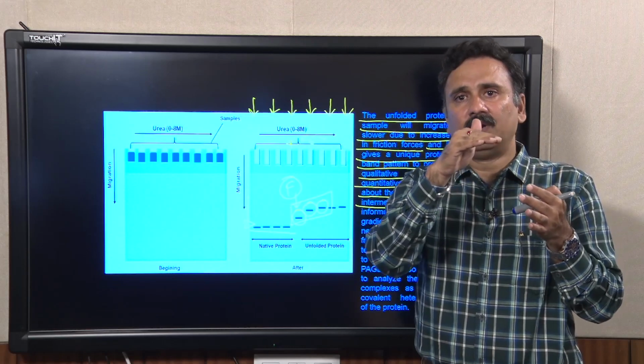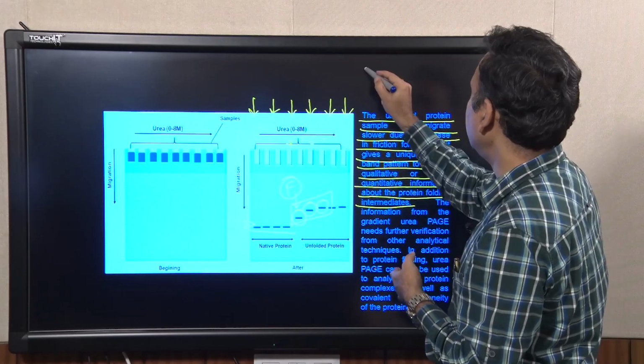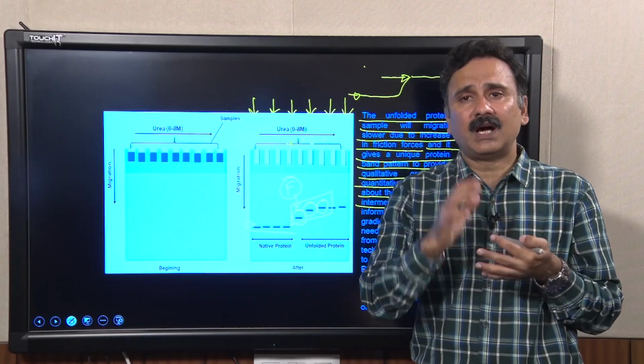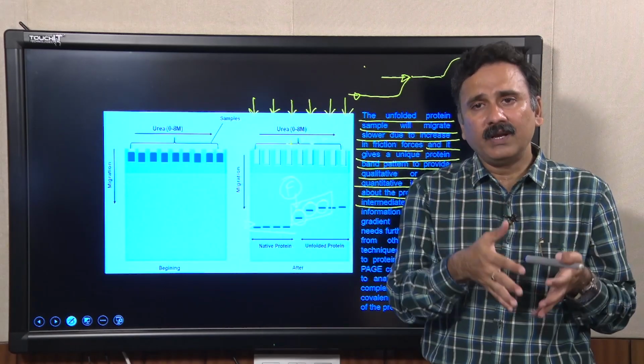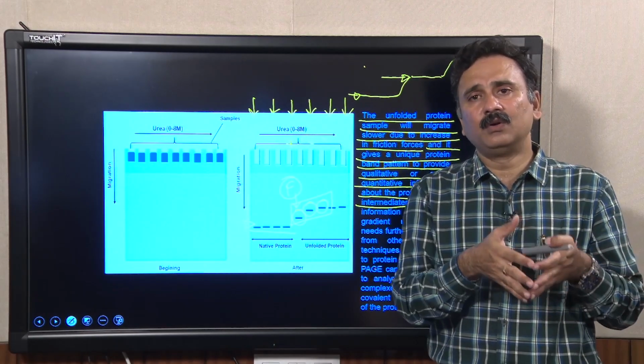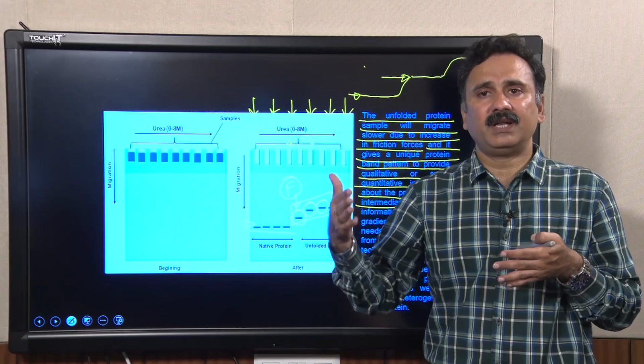It is going to remain native, then unfolded, then remain like this, then unfolded. So, it can give multiple steps in the folding, and that says that the protein has multiple regions which fold with different kinetics, and their stability is also different against the denaturing agents.